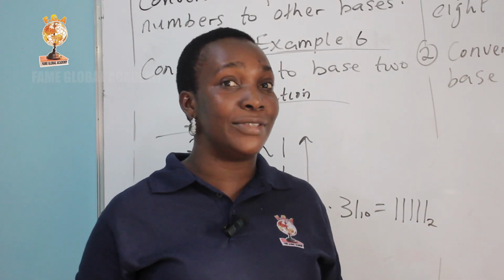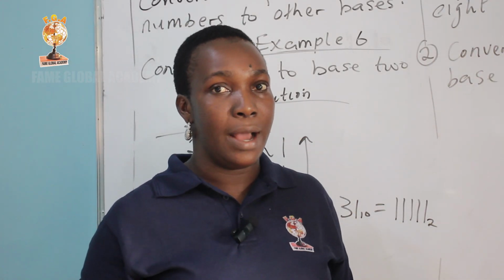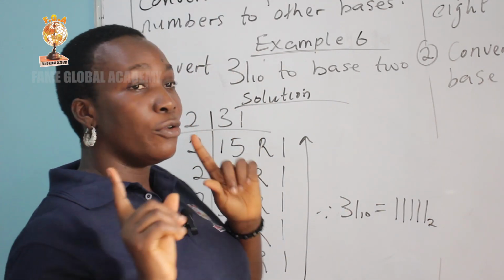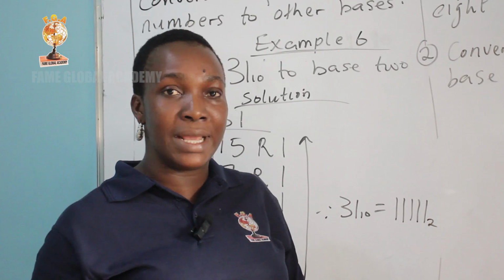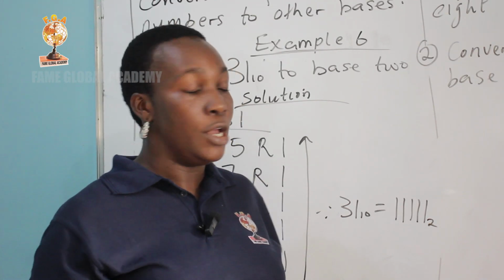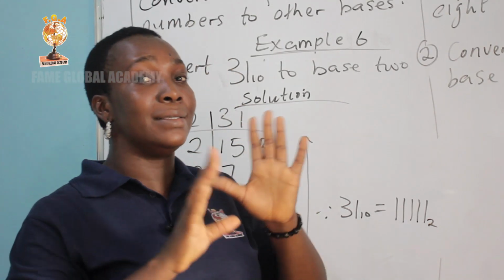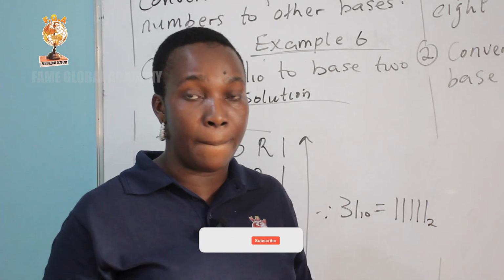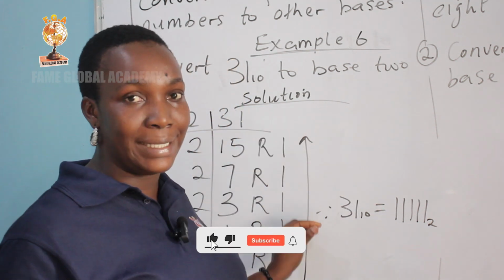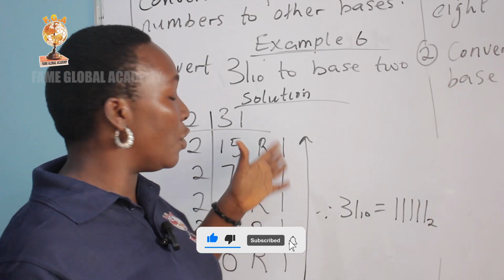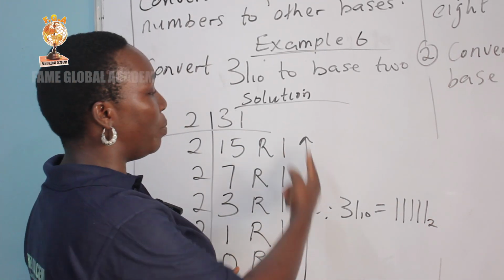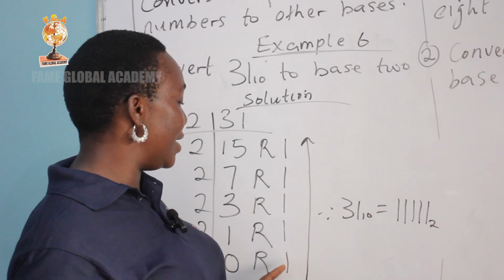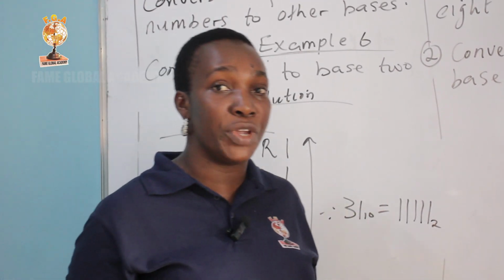Once you get an answer 0, you stop. Secondly, remember to write your remainders, because it is your remainders that are your answer. So anytime you have a remainder, whether it's 0 or 1 or any number, make sure you write it down, because at the end of your solving, you are going to read from down up, and it is your remainders that you will write down. That is what will give you your answer.